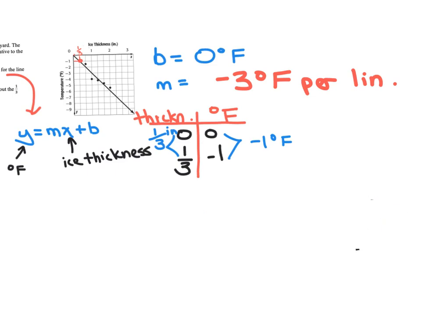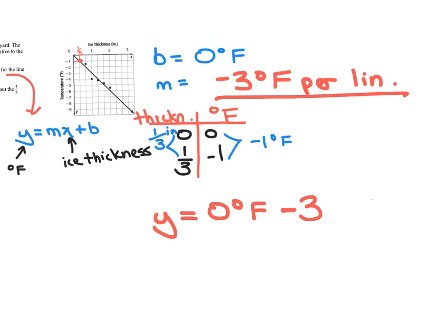Okay, now to write our equation. So this is going to be the last part of this question until we use our equation to make a prediction. My temperature, y, is that I begin at 0 degrees Fahrenheit, and then my temperature drops, or I add negative, or I subtract 3 degrees Fahrenheit per every 1 inch of ice.